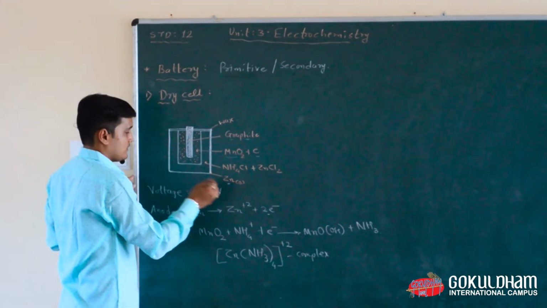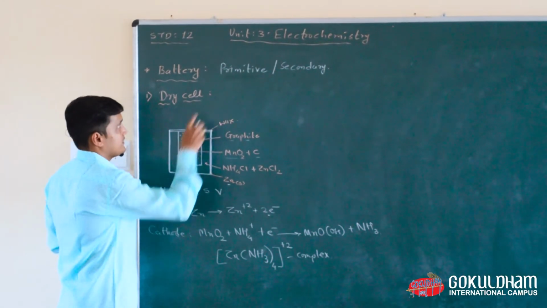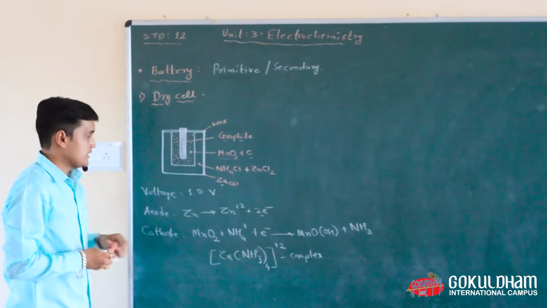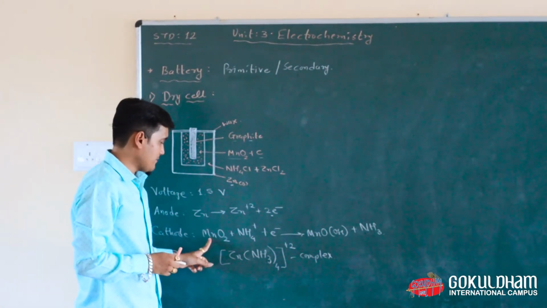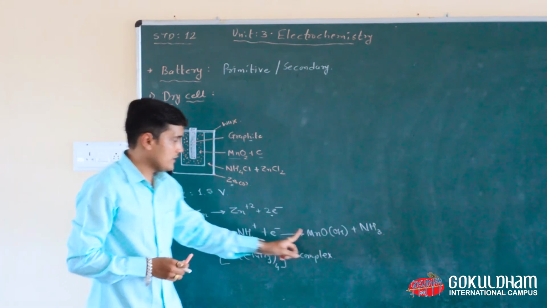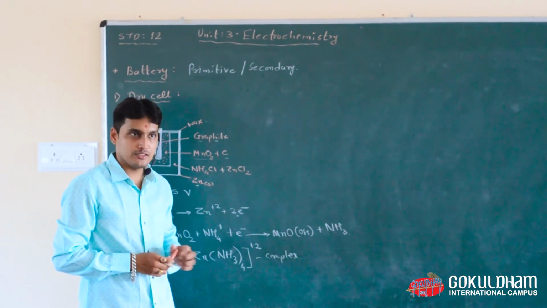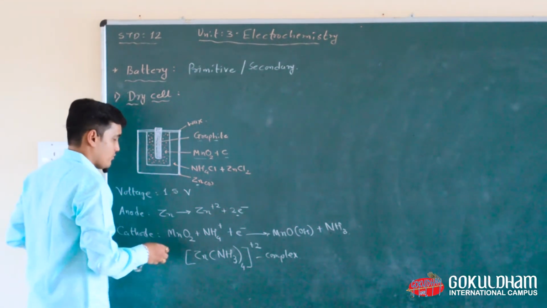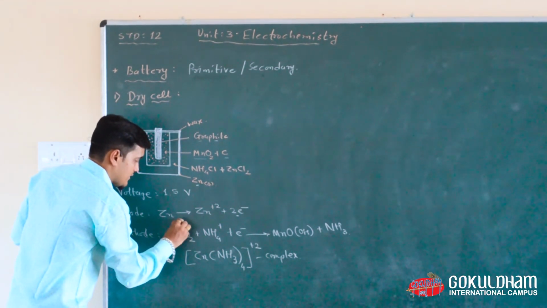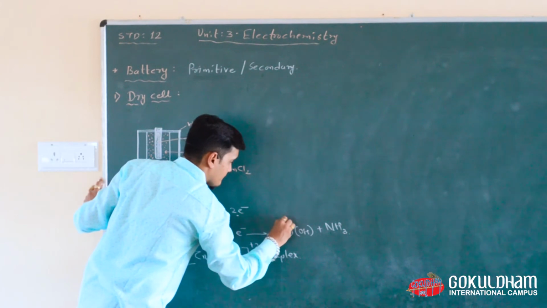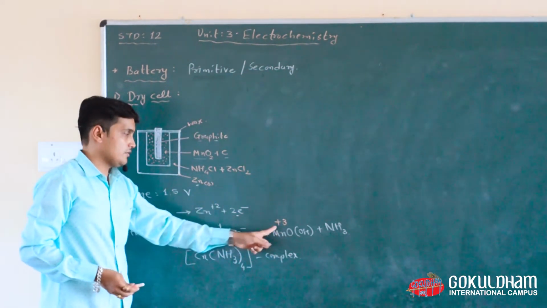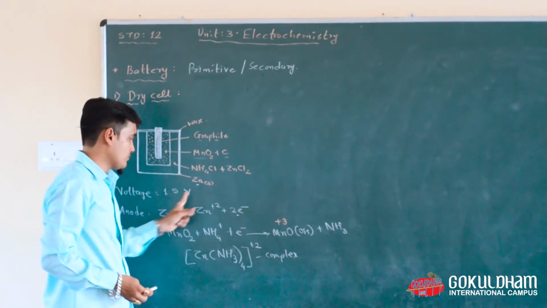Now this is a primary cell because the oxidation number of Mn is plus 4 on one side, and on this side the oxidation number of Mn is plus 3. We cannot change this oxidation state from plus 3 to plus 4.